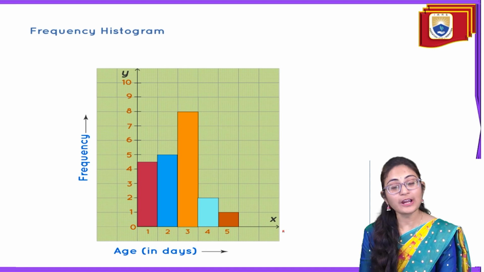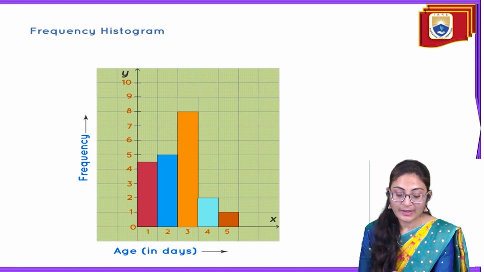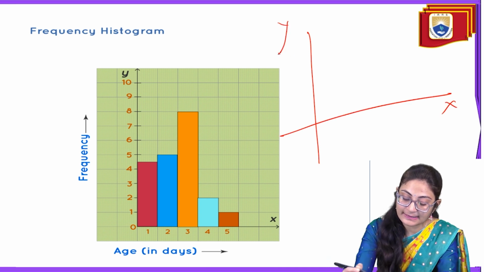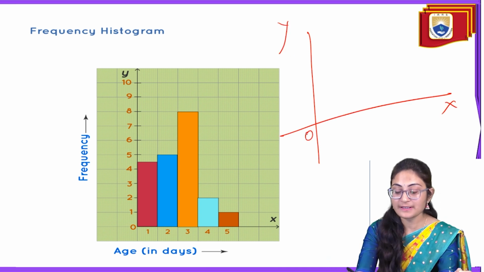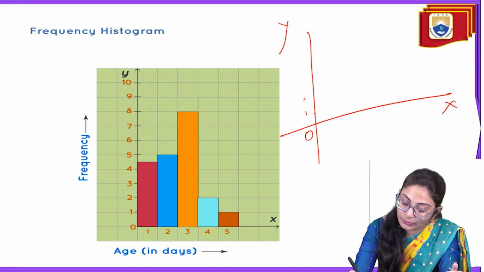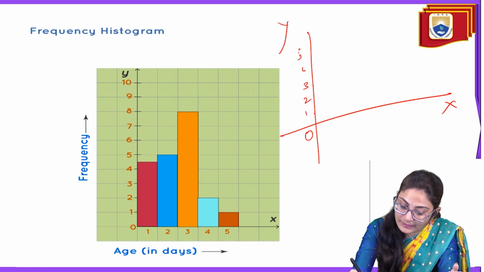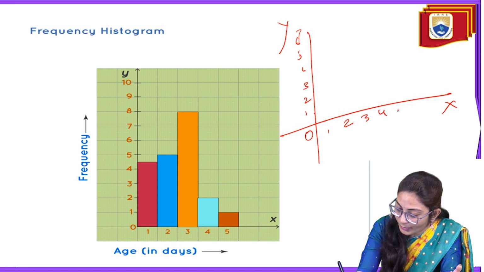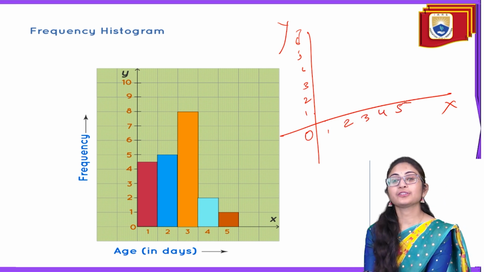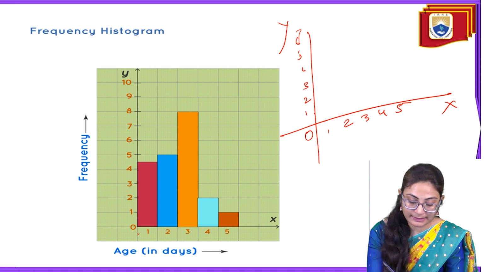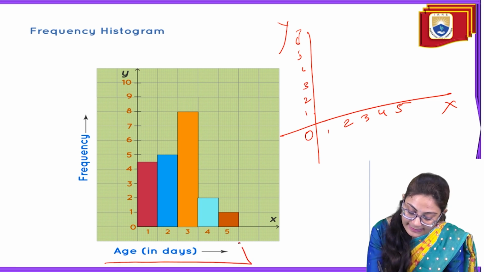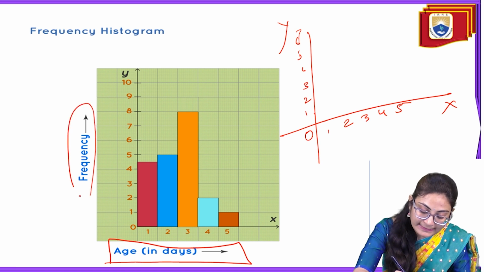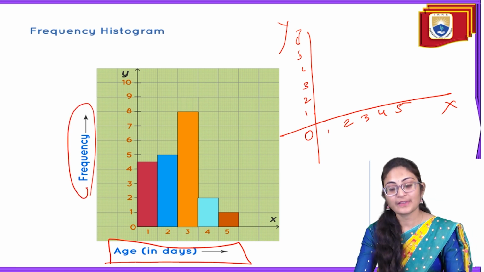So we have to draw the histogram. Again here there will be your x-axis and y-axis. You have to mark your frequency on the y-axis like 1, 2, 3, 4, 5, 6, 7, and then draw your histogram using this data. The x-axis shows the age in years and the y-axis shows the frequency.